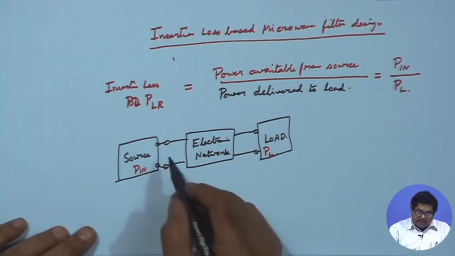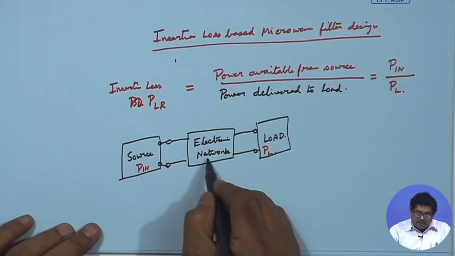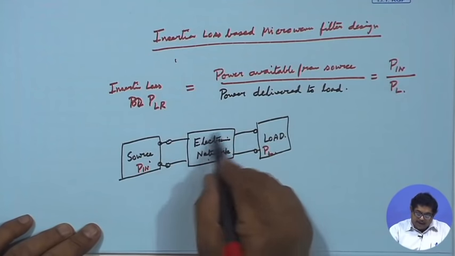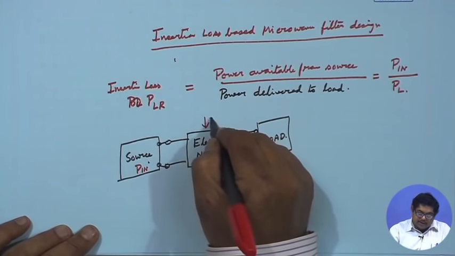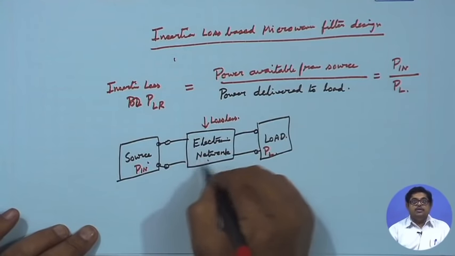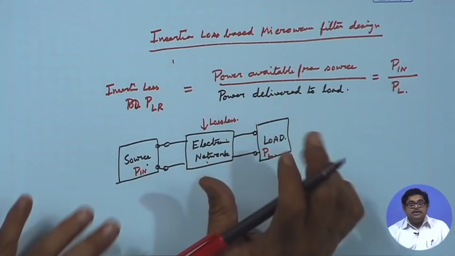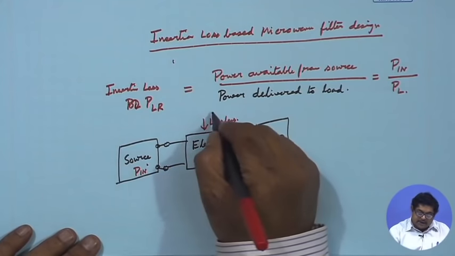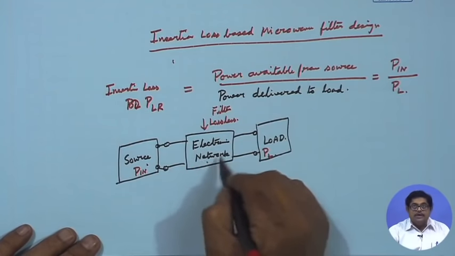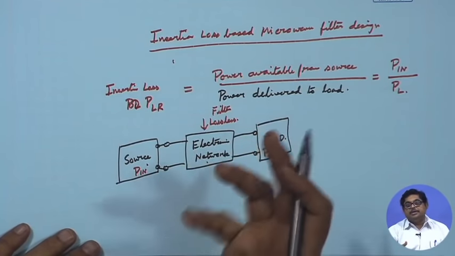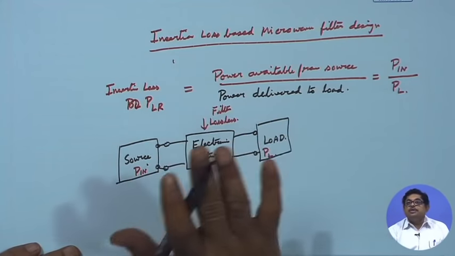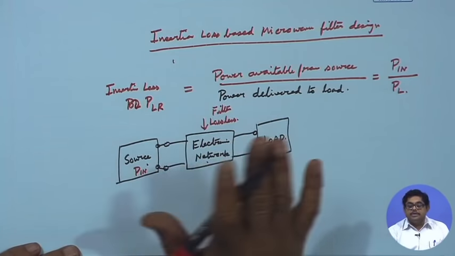Obviously, you know that I do not know the impedance level of this, I do not know the impedance level of this. And I am assuming that in general there will be some loss here also, but in this particular case, particularly our filter case, there is no power dissipation inside, because we will use only the reactive components, and so the power is not dissipated inside.